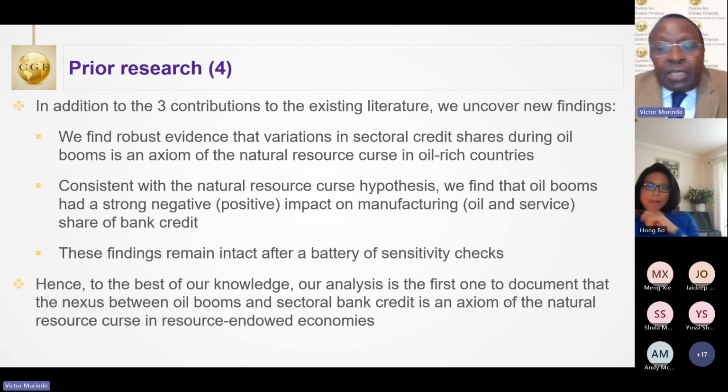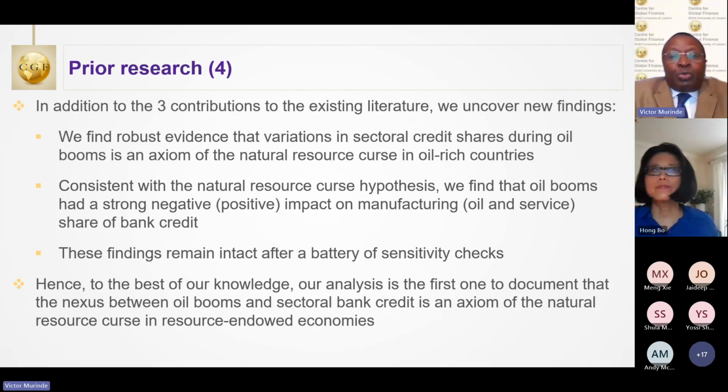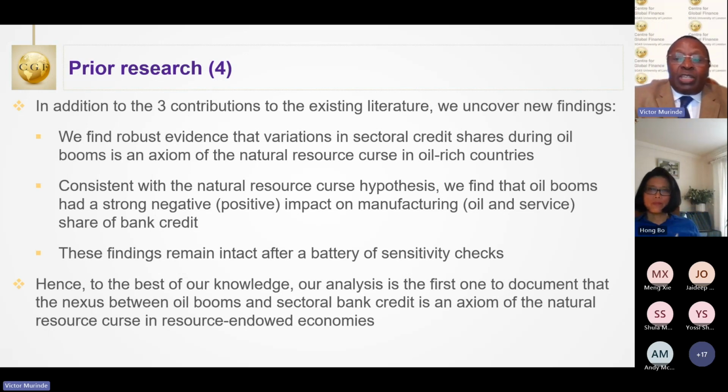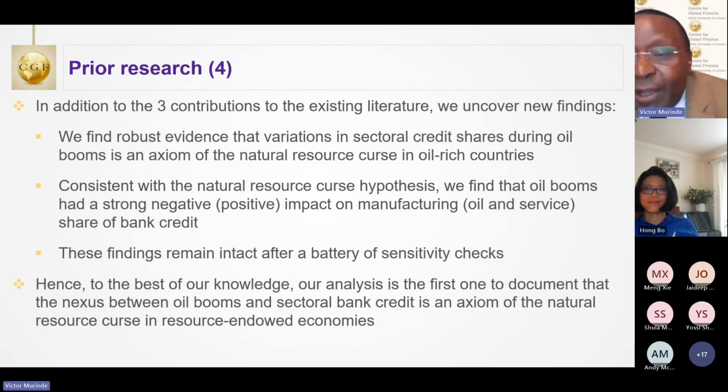In addition to the three main contributions to the literature that we mentioned, we can also mention a contribution in terms of the new findings that we uncover. I'll just highlight these before I even go into the paper, just to be sure that the storyline of the paper is very clear.